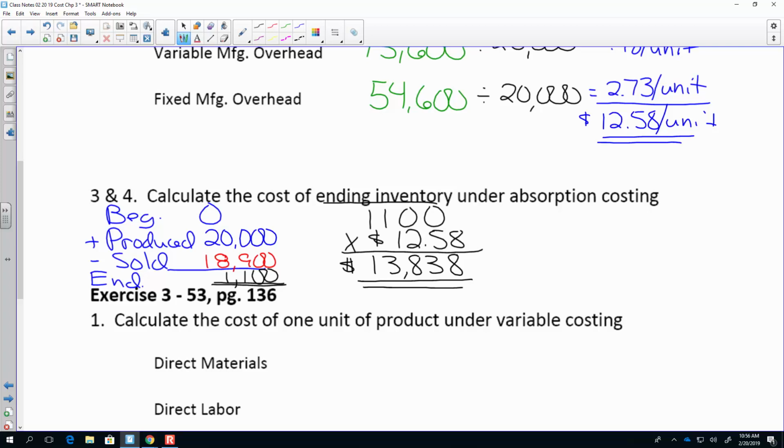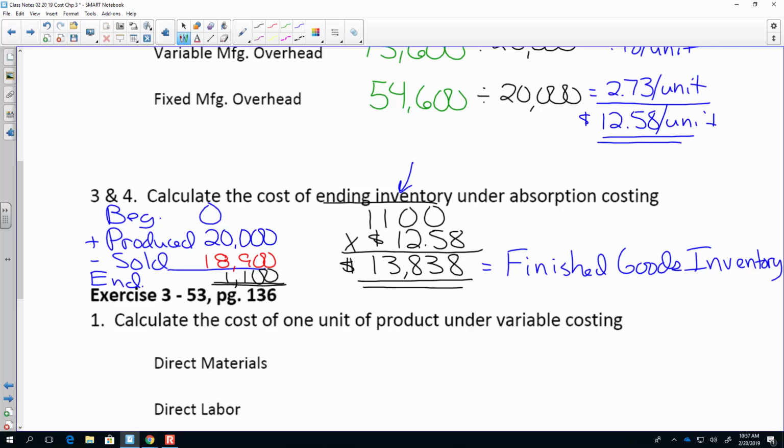Jade, what ending inventory are we talking about? Finished goods? Finished goods, excellent. What are our other inventory accounts in a manufacturing setting?